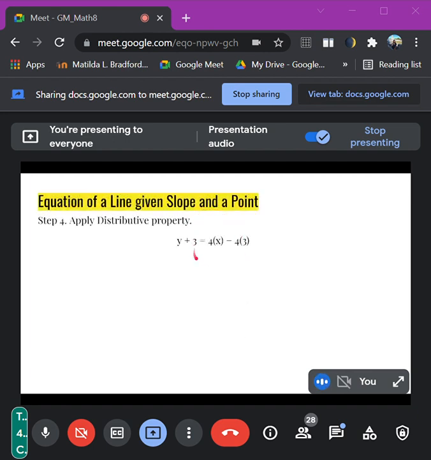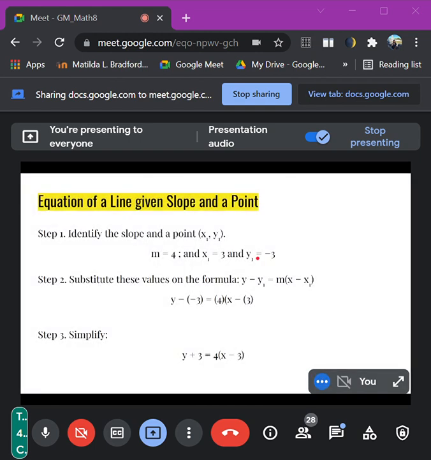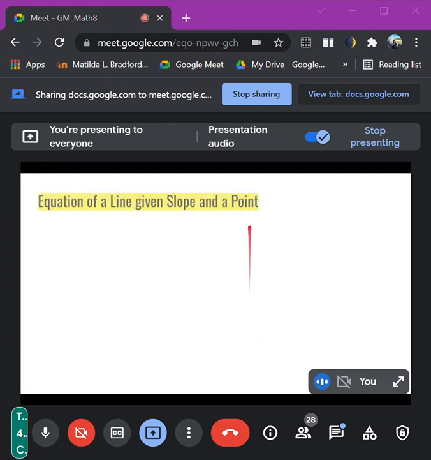So, we distribute the 4 to what is inside, x minus 3. So, you have there y plus 3 is equal to 4x minus 4 times 3. Where did that come from, class? It is 4 times x and then 4 times negative 3. Okay? That is your distributive property.